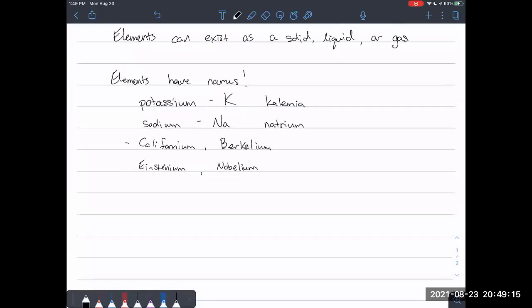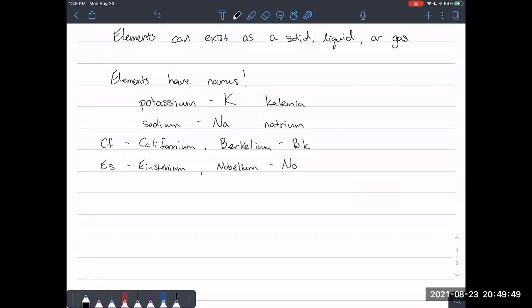Californium has the symbol CF. Berkelium is BK. Einsteinium, I think, is ES. Nobelium is NO. So all of the elements have a symbol that corresponds to that particular element as well.